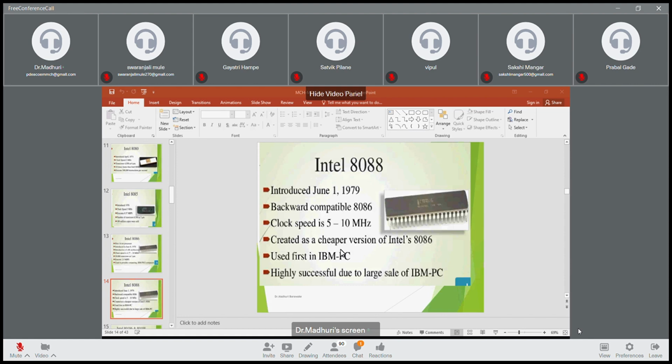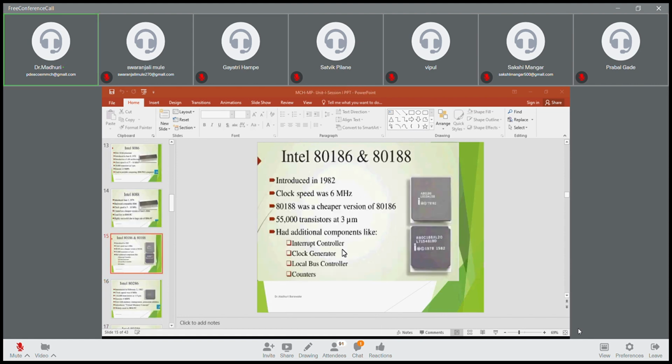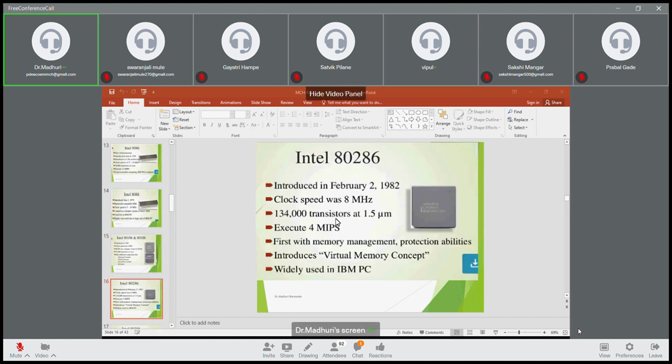Okay, this we have finished. 186 and 188. 286 also we have finished.